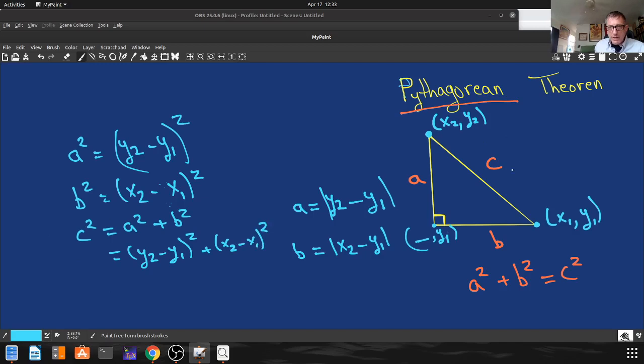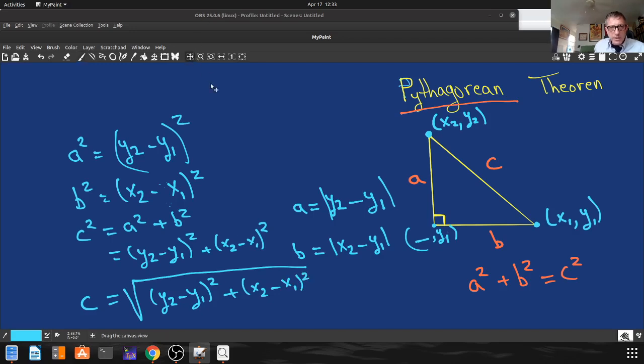So if I want to find the positive value of C, I take the square root of both sides. So the positive value of C is the square root of y2 minus y1 squared plus x2 minus x1 squared.